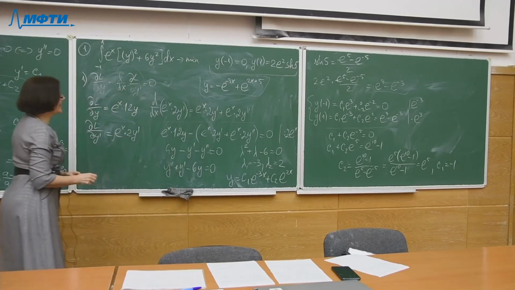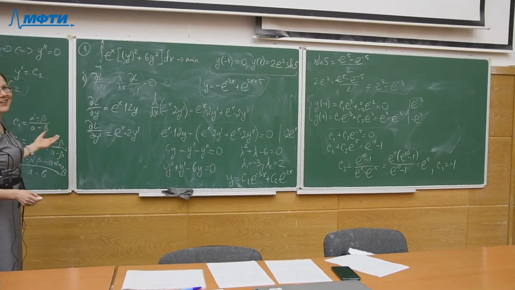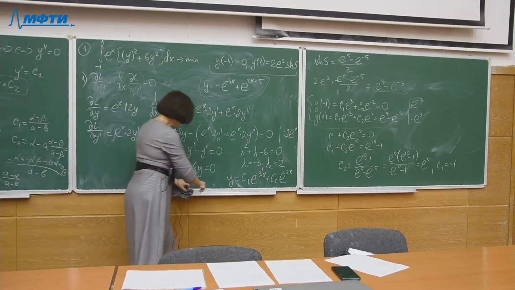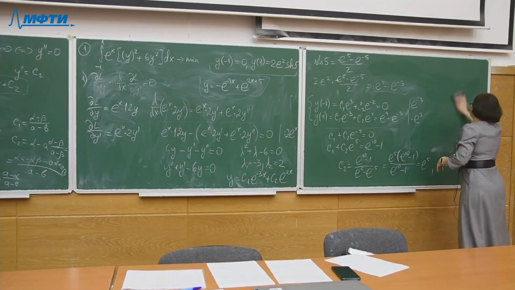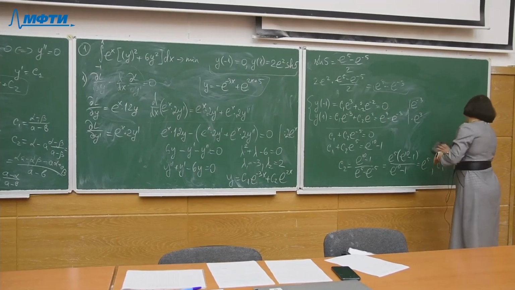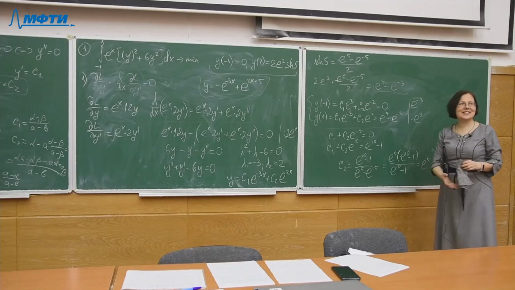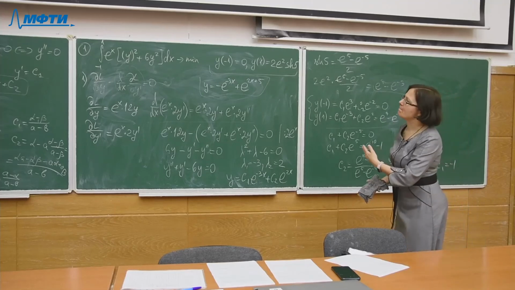Let's try to check whether it is convex. We will make a direct substitution because we have no other sufficient condition, and we will try to find the difference.